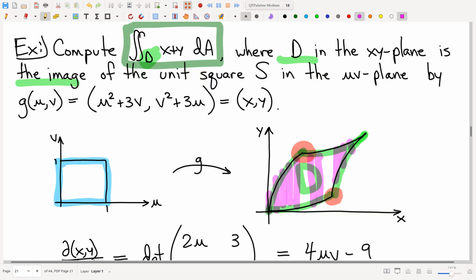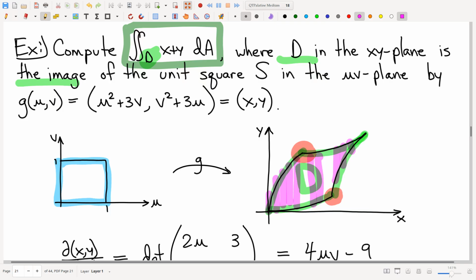Even if I can find the edges of this shape, I've got 3 separate iterated integrals. Nobody wants that, right? All right, so we face a very inconvenient question here. This is an ugly problem.